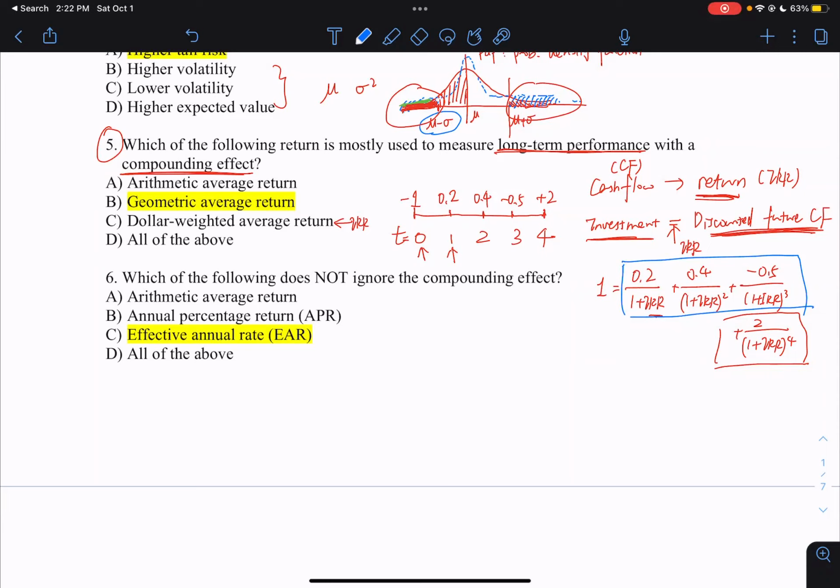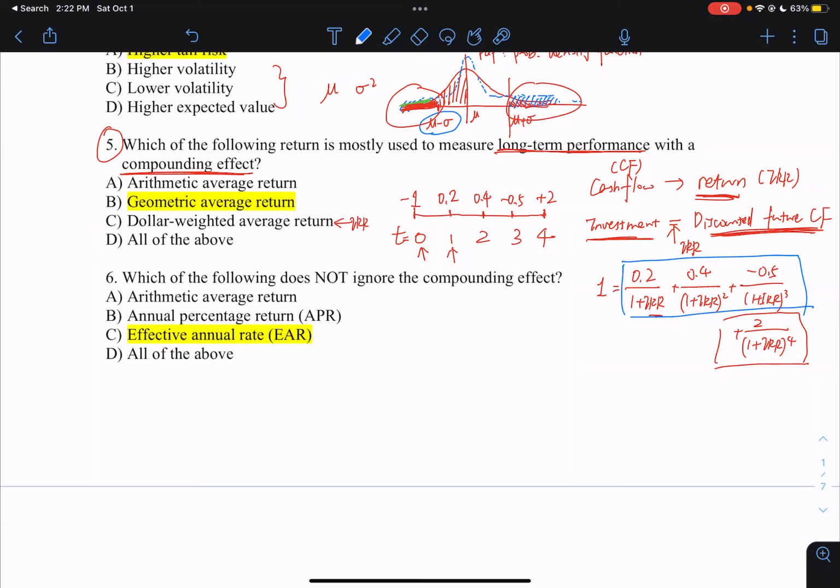But intuitively speaking, the highest cash flow should have more impact on your number of the return. That's why it is called the dollar-weighted average return. And again, it's just to make the investment and the discounted future benefit equal to each other, so that there is no arbitrage opportunity. And then after getting the IRR, you can compare it with other returns that you know.